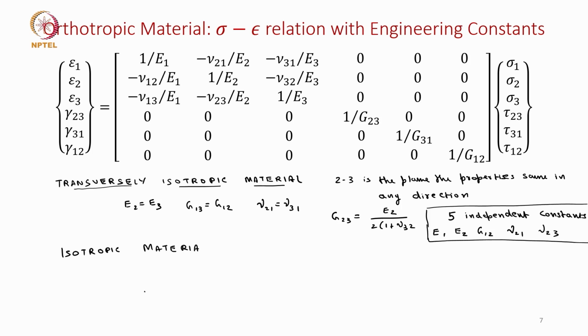Then we can show that all the 3 shear moduli, G12, G23 and G31, can be replaced with a single shear modulus G, and similarly the 3 elastic moduli E1, E2 and E3 can be written simply as E. The same goes for the Poisson ratios nu 12, nu 23 and nu 31.